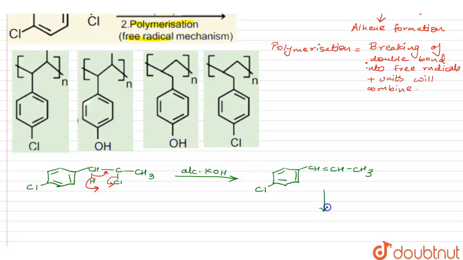Now, what next? The next thing is the polymerization. And polymerization would be done through the free radical mechanism mode. So in this case, N units of this alkene would be undergoing homolytic fission.